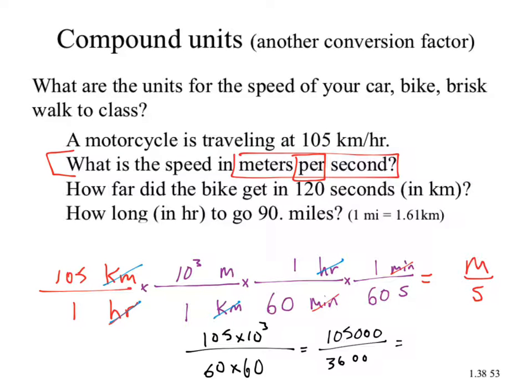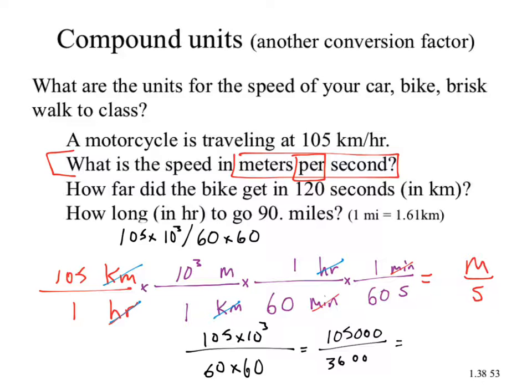Does that make sense? The reason is that if you just go into the calculator and say 105 times 10 to the third divided by 60 times 60, what happened? If you don't use parentheses, this second 60 is no longer in the denominator, it's in the numerator, and you get the wrong answer.